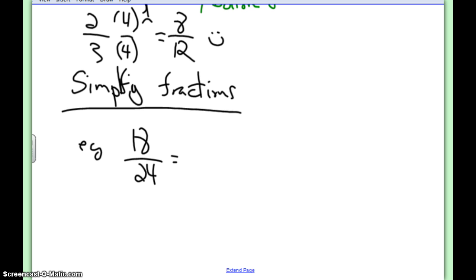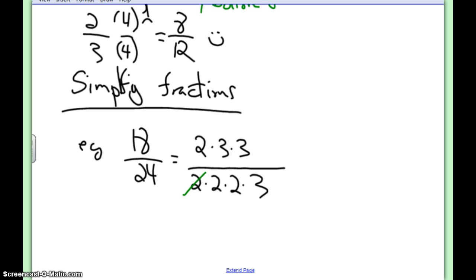But I want you to ponder what's really going on. If you prime factorize 18 as 2 times 3 times 3, and you prime factorize the bottom as 2 times 2 times 2 times 3, what you're really doing is canceling out the common factors from top to bottom. 2 and 2, 3 and 3.